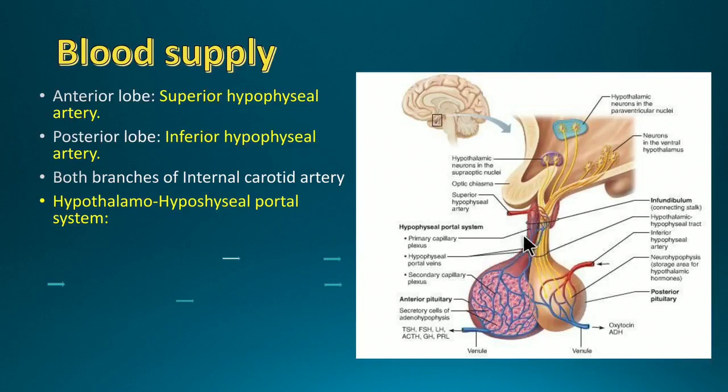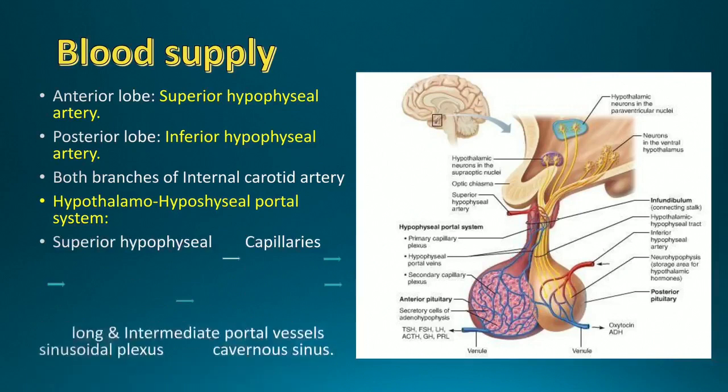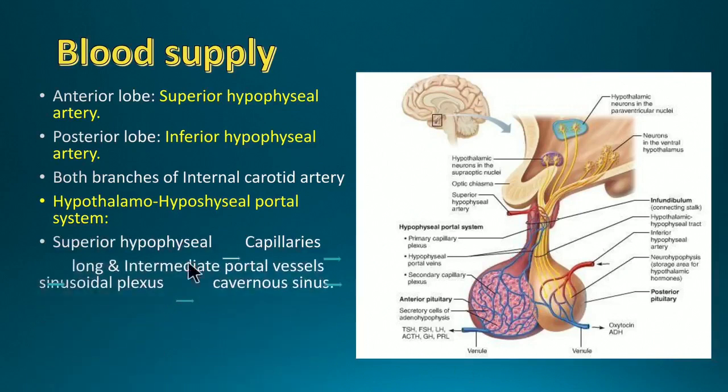Along the pars tuberalis, they break up into tufts of capillaries. From these tufts of capillaries, long and short portal vessels are formed, and they form the sinusoidal plexus in the adenohypophysis. Finally, they drain into the cavernous sinus. So one set of capillaries, and then you have the other set of capillaries.